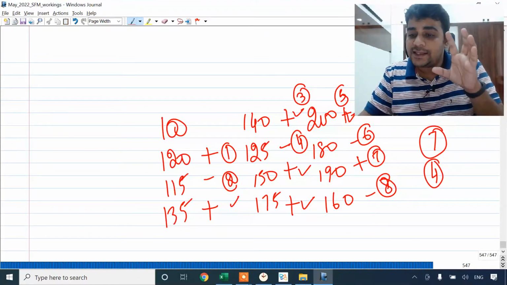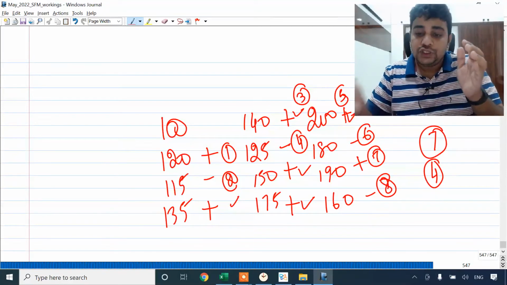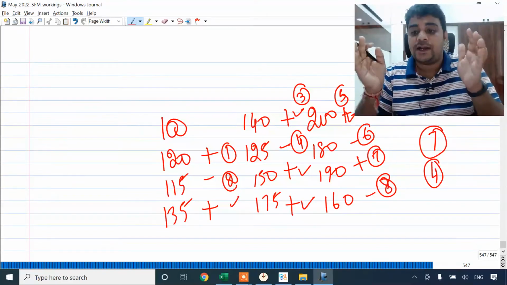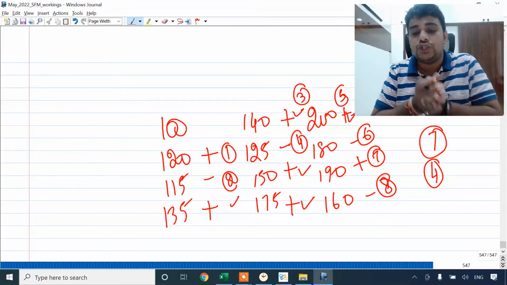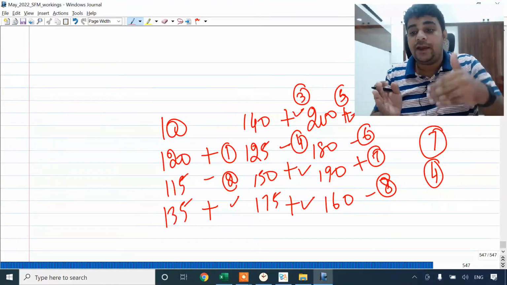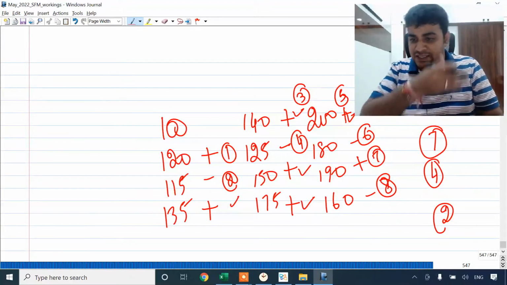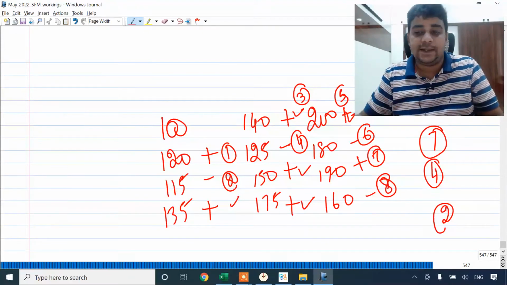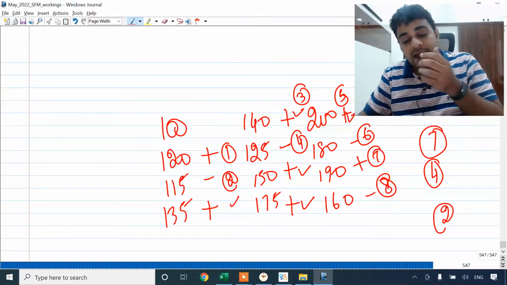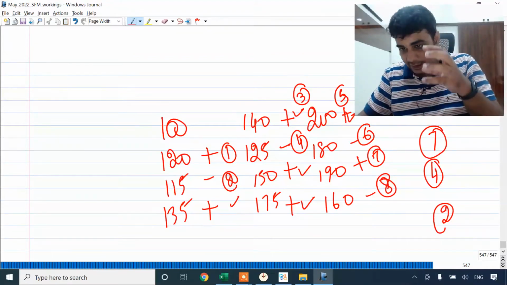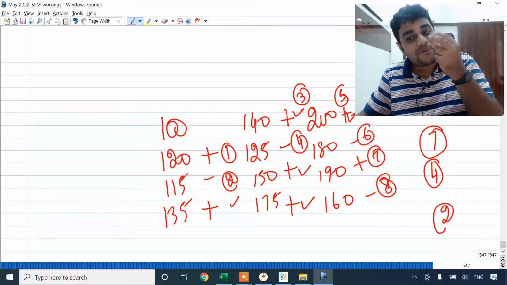Now what run test basically says is that this number of runs should not be very low, and should not be very high. If it's very low, for example, only 2 runs are there, that is, you started with plus, it's continuously plus, then it's continuously minus. Then the problem is, I can say that this market is not efficient because the number of runs are only 2.